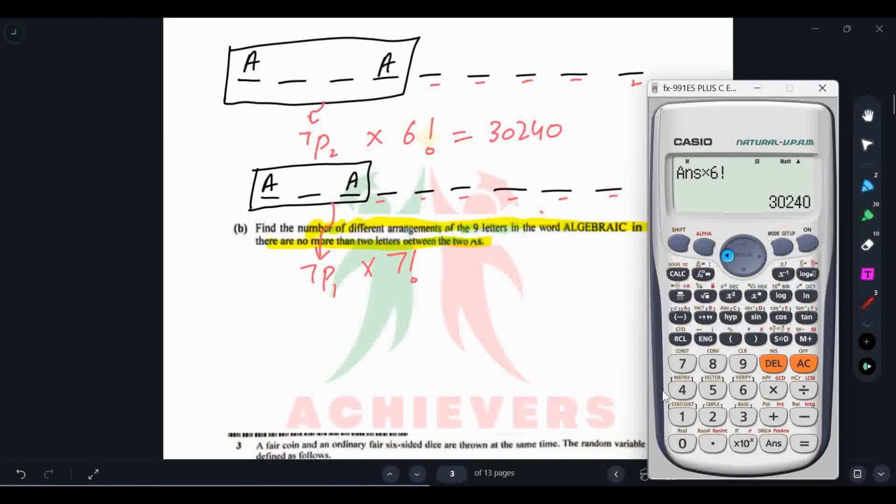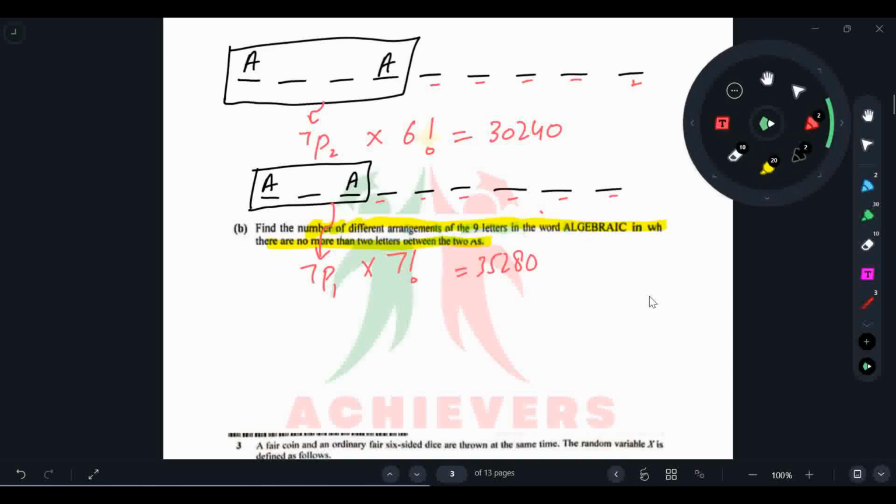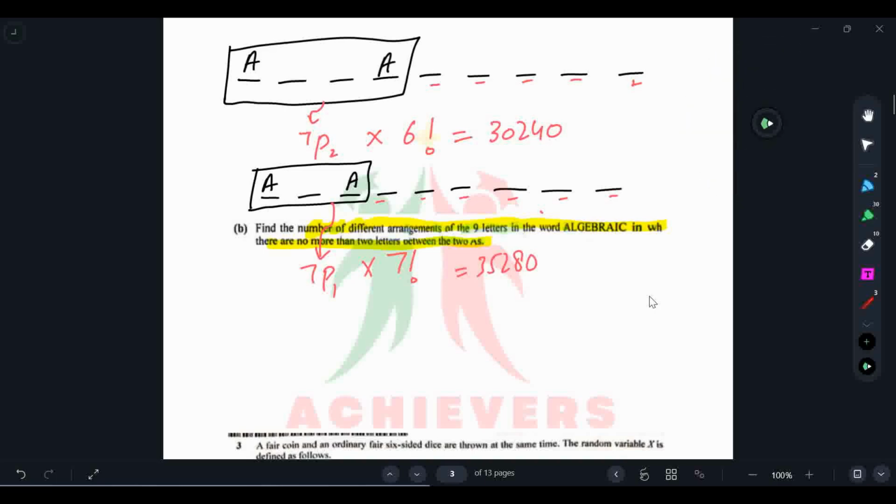So this will be 7P1 multiply by 7 factorial. So this will be 35280.